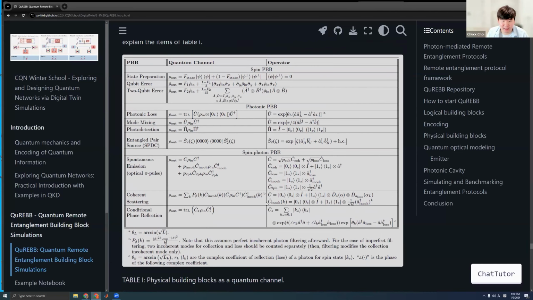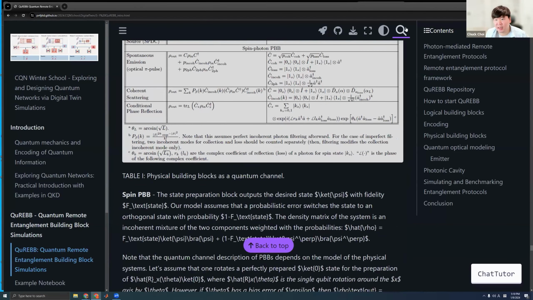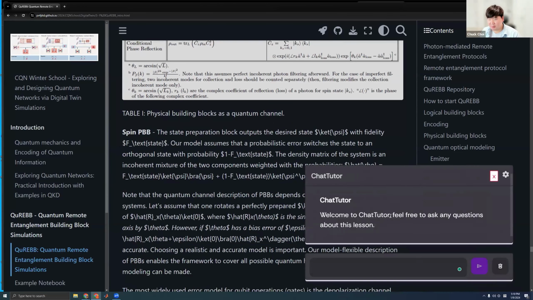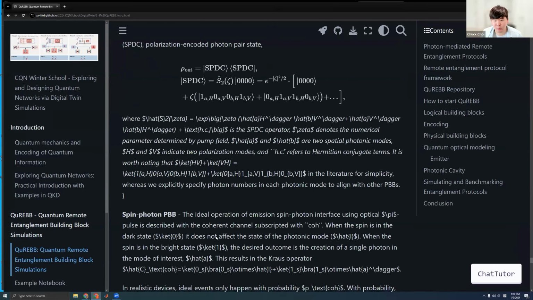And again, I'm inviting you to actually use these protocols to study your own protocols. I think I saw one of the questions which seems to be answered. Yeah, and again, the chat tutor is here, so please feel free to use it for navigating our framework in more detail, and if you have questions.